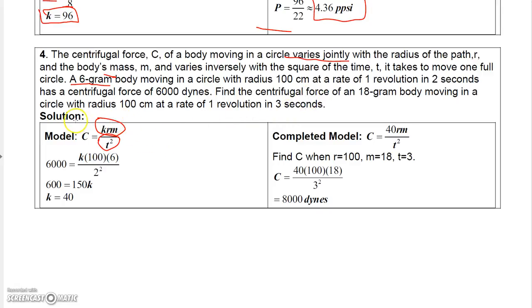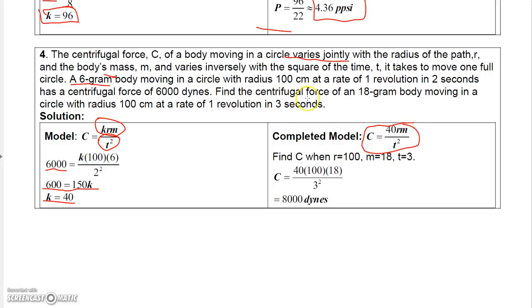So let's see, it has a centrifugal force of 6,000 dynes. So C would be the force, 6,000. And let's see, where was the revolution? The T was the time for it to make 1 revolution, so that was 2 seconds. So I put 2 in there, but I've got to square it, right? So basically I get 600K over 4, which is 150K, and then divide 150 into 600 to get K equal 40. So now I know K, so this is my completed model.